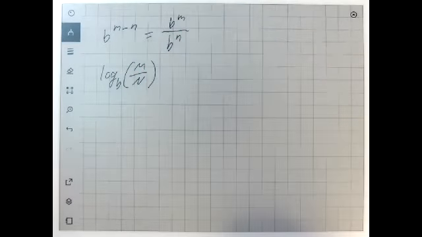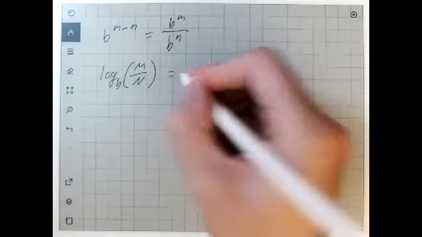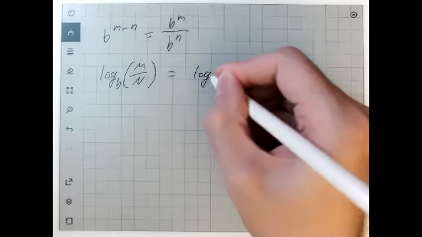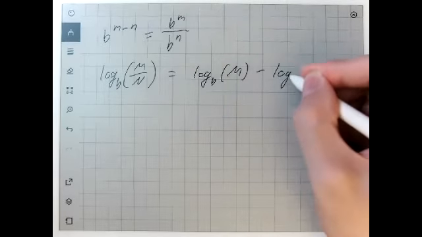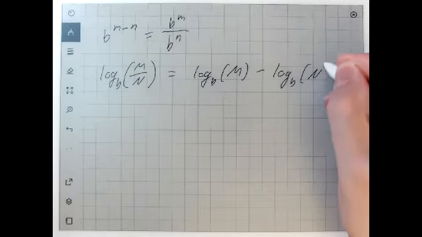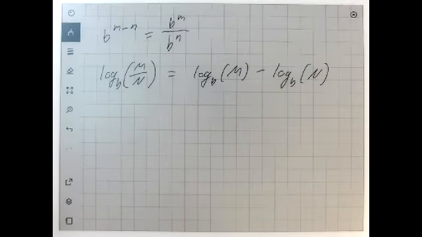So the log base b of m divided by n is going to be the log base b of m minus the log base b of n.